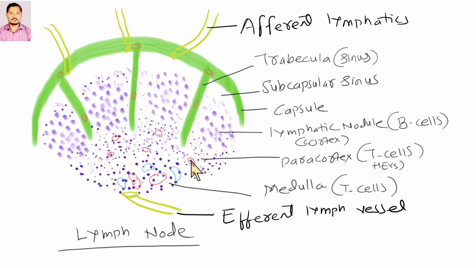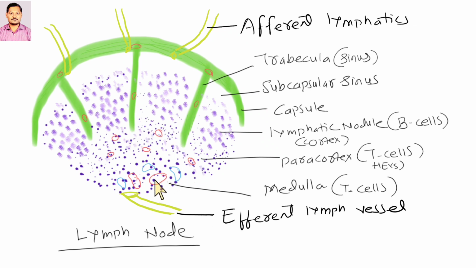Paracortex contains high endothelial venules, which contain moderately larger endothelial cells, which are sometimes low cuboidal. They call it low cuboidal epithelium or high endothelial venules, and they will again help in the filtering of the incoming fluid into the lymphatic node.